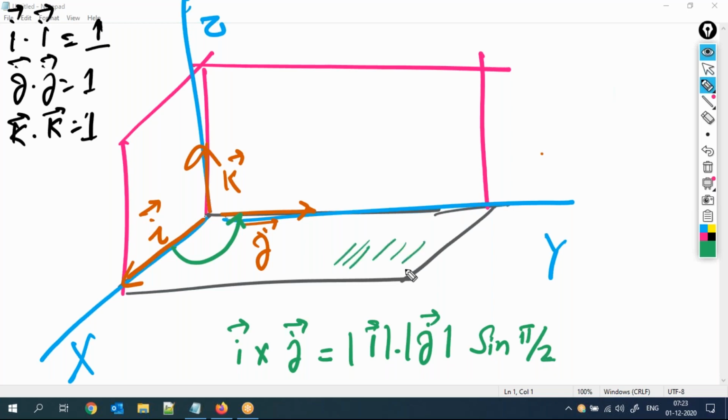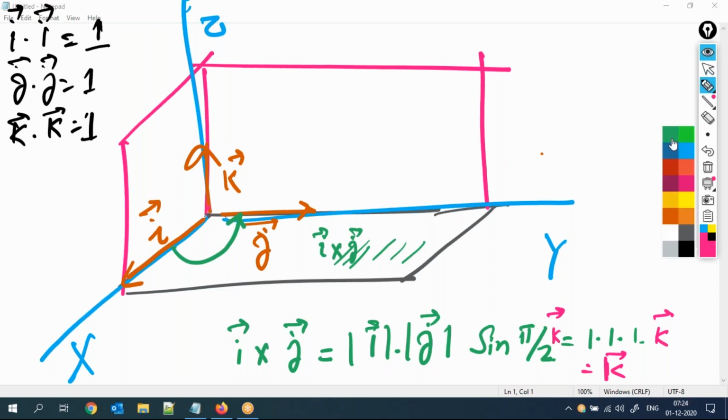This is i cross j, and this is 1·1·1. But the direction of this one is k. Are we clear? Equal to k. So this will go in k, and this one we can write k equal to i cross j.